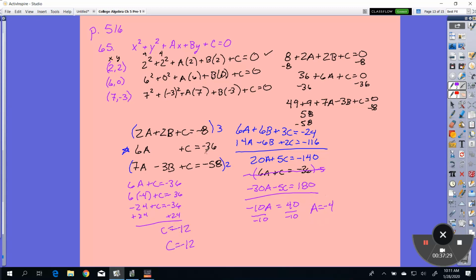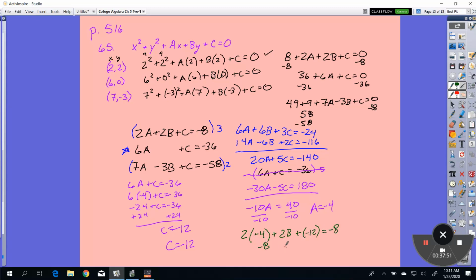So now I can plug that into any one of these three that has a b to figure out b. So I'm going to plug it in the top one. So 2 times a plus 2b plus c equals negative 8. So 2 times negative 4 is negative 8.